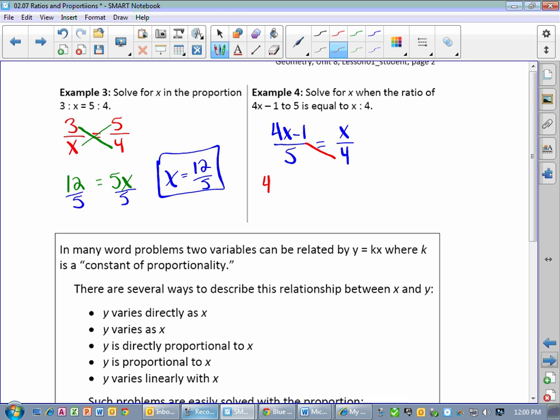So we have 4 times 4x minus 1 equals 5 times x. Okay, so we have to do some algebra here before we can start solving. We need to distribute the 4. So we have 4 times 4x, which is 16x. And then 4 times minus 1 is minus 4, equals 5x.